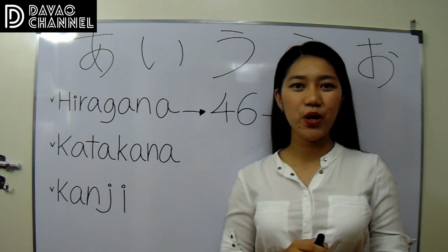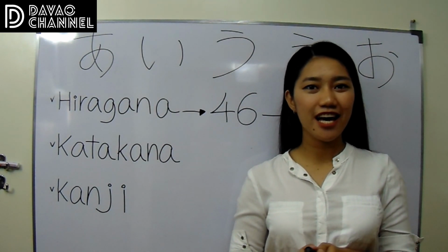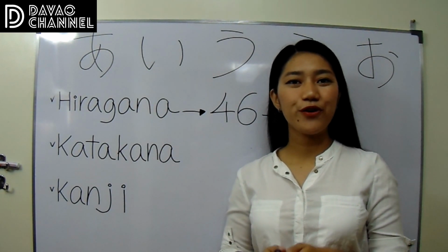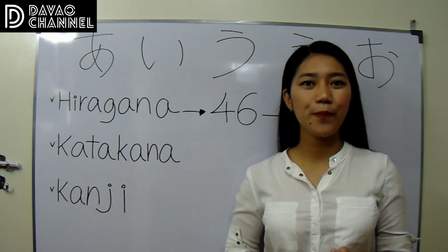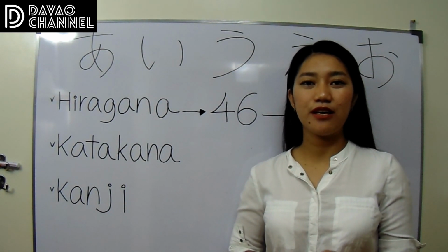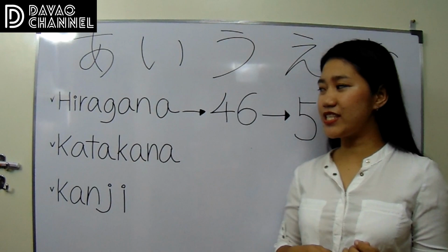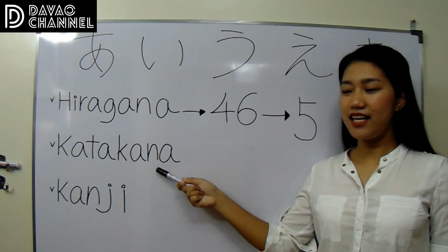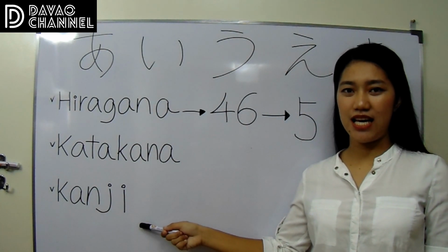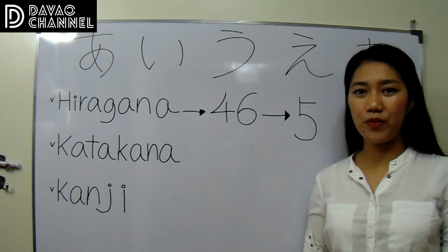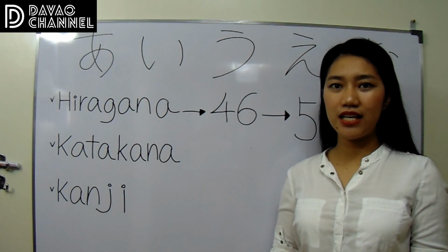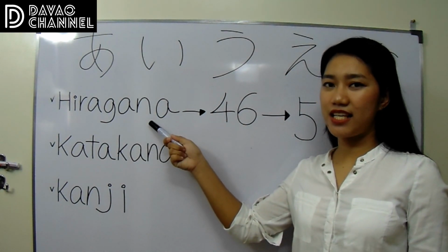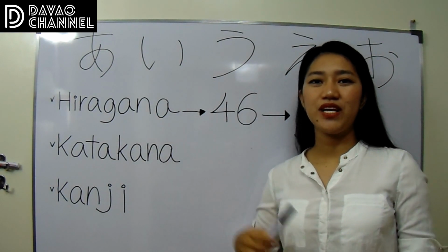So today we are going to learn Japanese language. So for the information of everybody, Japanese language includes 3 characters. First, hiragana, katakana, and kanji. So at this moment, we are going to study hiragana first.